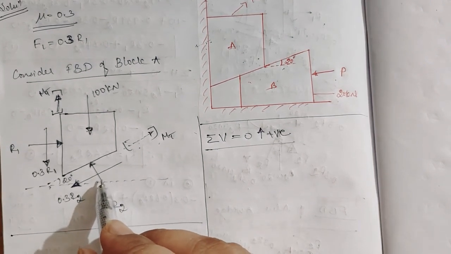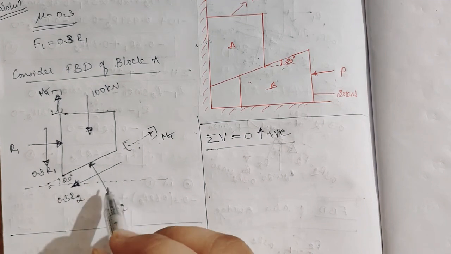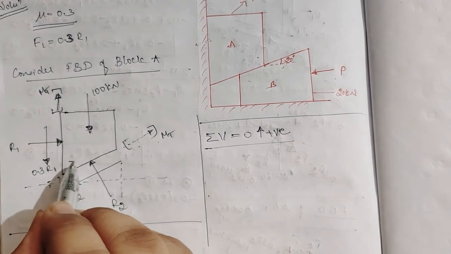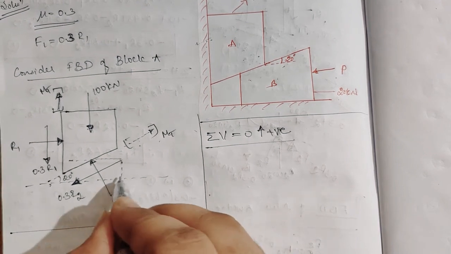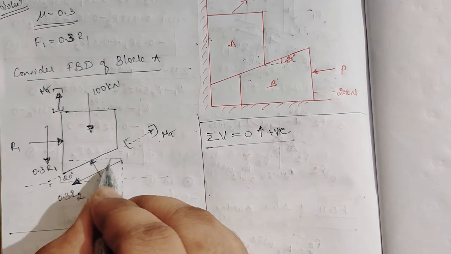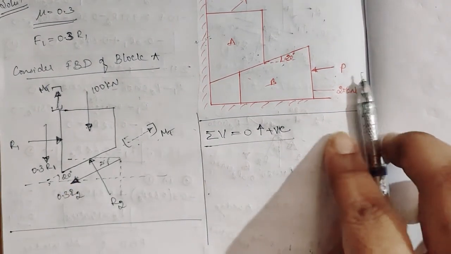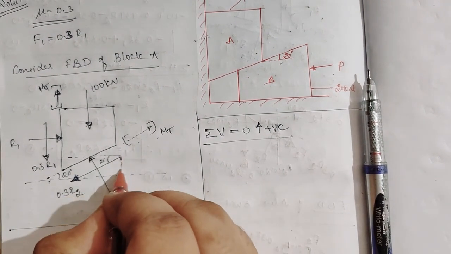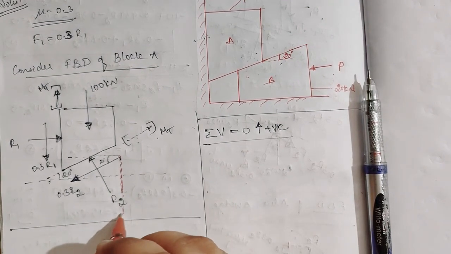So here you have two inclined forces, right? We have to resolve that. One will come like this and another like this. So this is for 0.3 R2. Theta is like this, so we get this as theta. This is 20 degree. I'll take the red pen and mark it in red so that it doesn't become confusing.